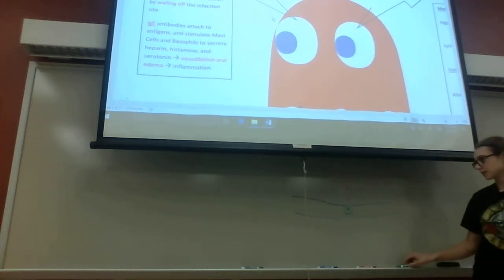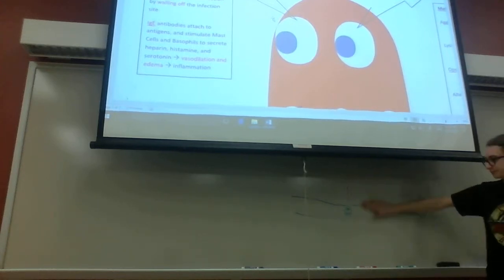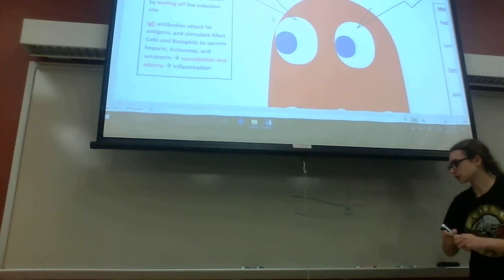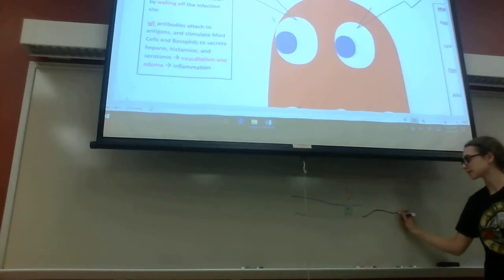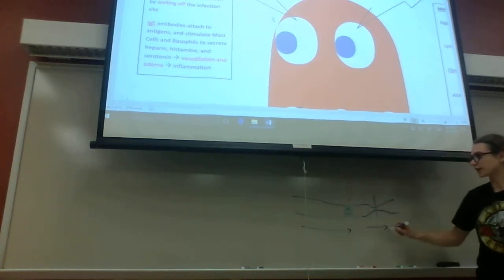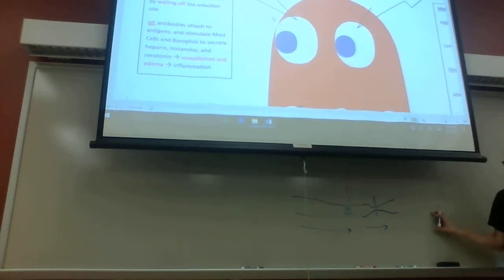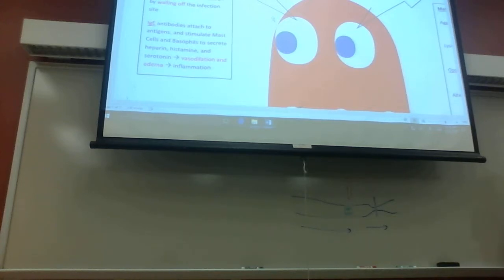So what happens is that your vessel will kind of pinch right here. It'll kind of pinch and wall. That's what walling off is. It is walling off the infection site. So your blood is flowing this way, and when you have that walling off, it prevents that infection from spreading. It prevents that pathogen from getting to the rest of your body. So that's the first step. When you get infected, you get that walling off of the infection site.